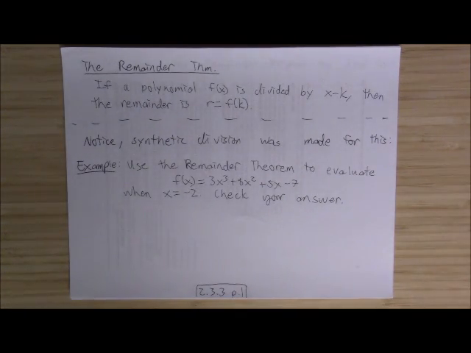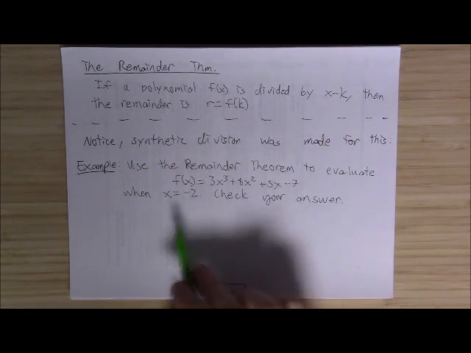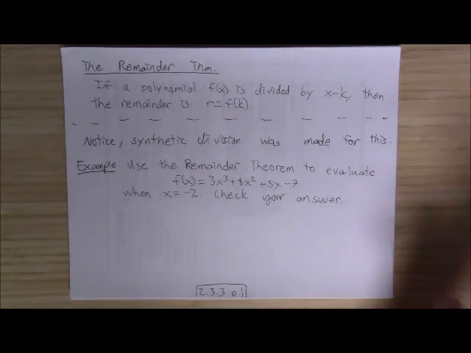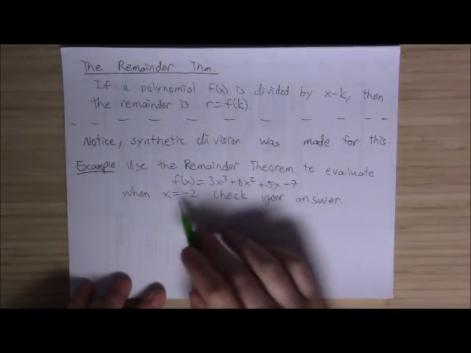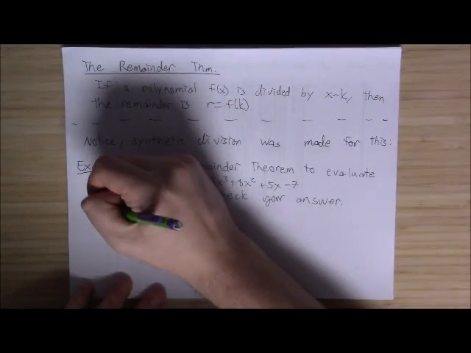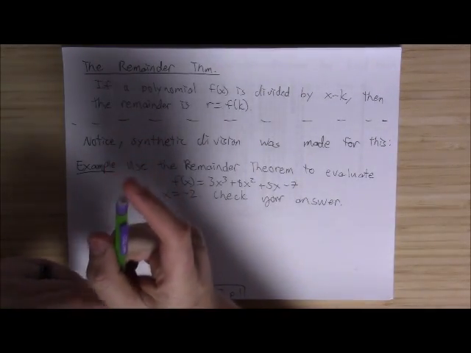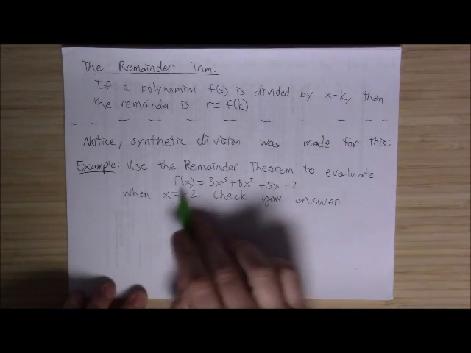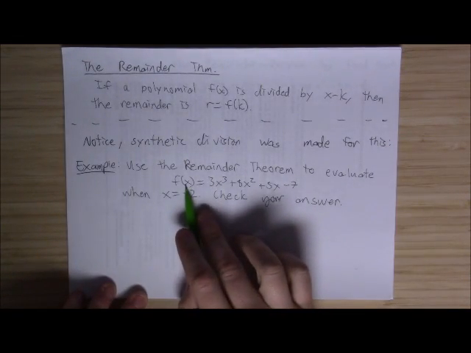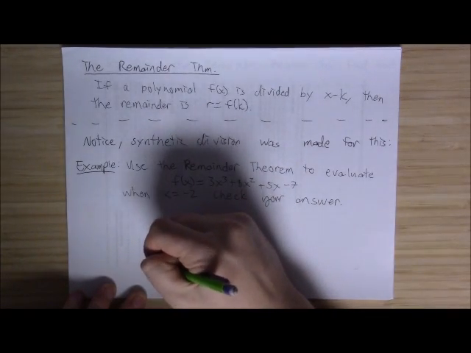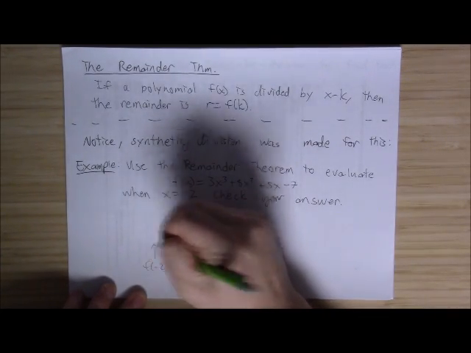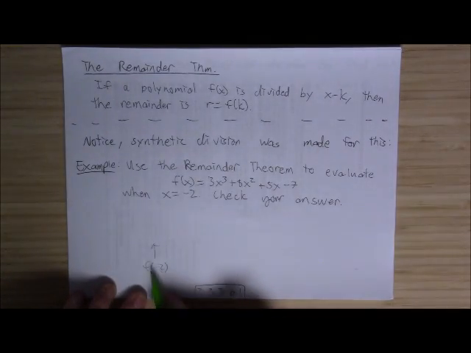So, for instance, if we want to use the remainder theorem to evaluate this when x equals -2, we can check our answer afterwards just to make sure. Here, we know that this function value, f of -2, should be whatever we get when we do the division out, okay?